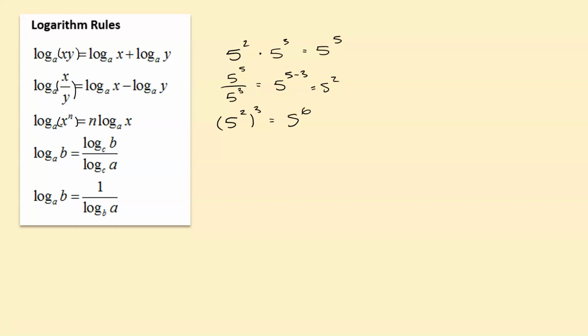Or if you have a number out in front, you can make it become the exponent within your argument. And then this rule is the same rule we applied before to use the calculator. If you have a log of one base, you can turn it into a division problem with the log of the same argument in some other base, usually 10, because that allows you to put it in a calculator. And then you just move this into your argument up here, and then your former base goes into your argument in the denominator.